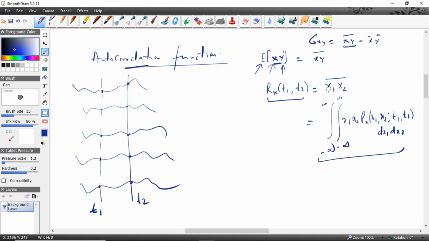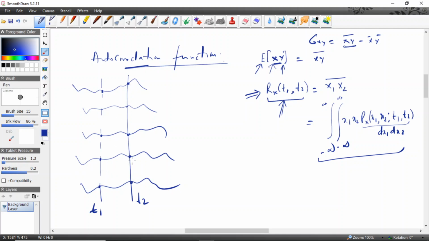So if you find the expected value of x1 x2, that gives the autocorrelation of the random process at time t1 and t2. To find this, you need the joint PDF of the two random variables computed at t1 and t2.